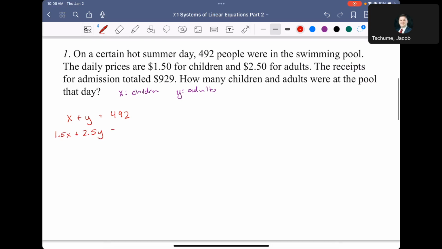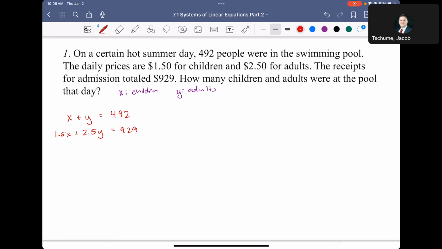But what I do know is in the end, when they added all the money up at the end of the day, it had to equal $929. And as you can see from here, your job is now to solve for X and Y, and that will be the number of adults and children that were at the pool that day.